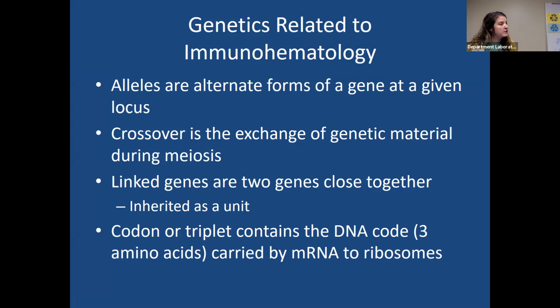Remember, we talked about crossover. Crossover is the exchange of genetic material during meiosis. This comes into play because a lot of these red cell antigens are located very close together on the genes, and they are inherited as haplotypes. And so your M and N is a haplotype, your big S, little s is a haplotype, Duffy A and Duffy B haplotype.